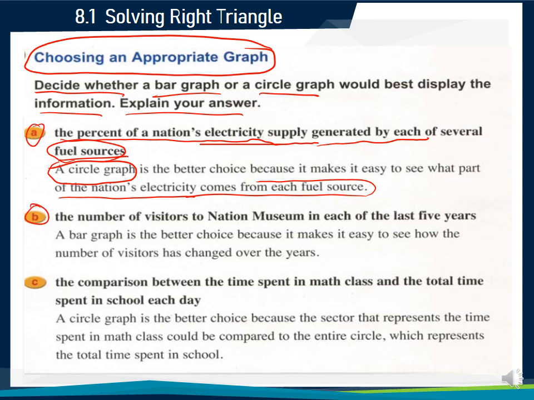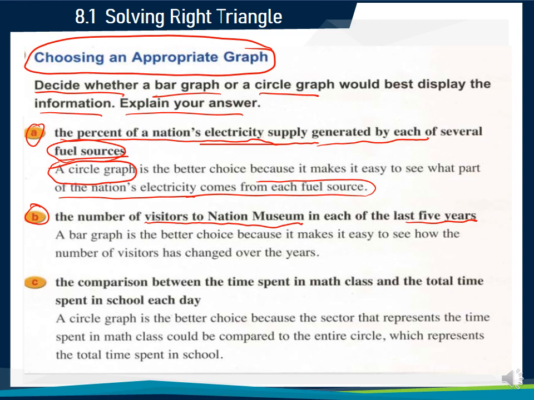Second one, the number of visitors to the Nation Museum in each of the last 5 years. Okay, in here we are going to show the number of visitors to the Nation Museum in each of the last 5 years. Of course, the number of visitors changes over time, over the years. For example, this year we have fewer visitors as compared to last year, according to the situation.